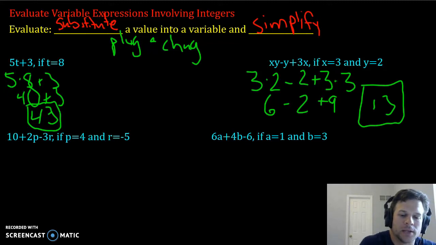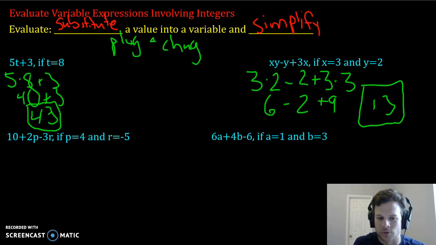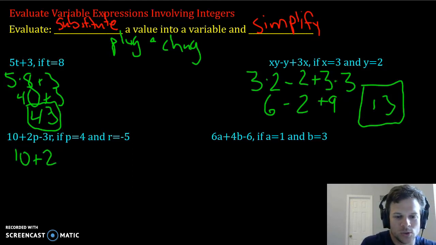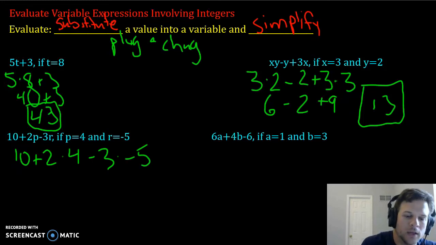All right, 10 plus 2p minus 3r if p is equal to 4 and r is equal to negative 5. So if you see a negative, make sure you plug that negative along with it inside your expression. 10 plus 2 times 4, because p is 4, minus 3 times r, which is now negative 5.